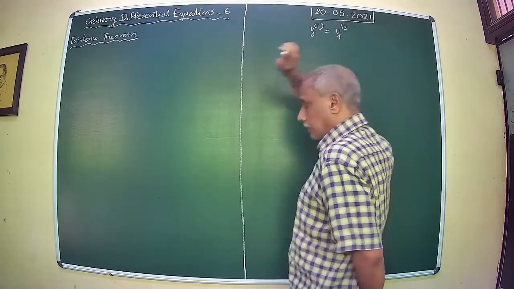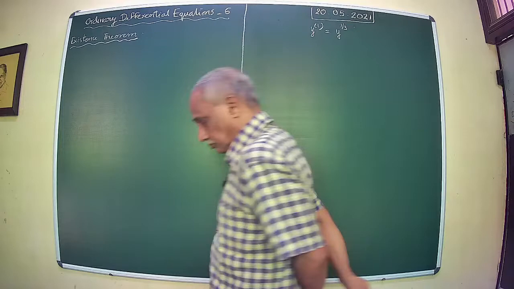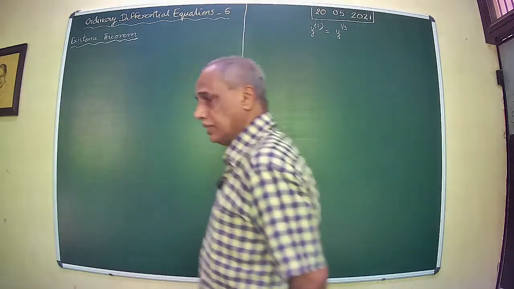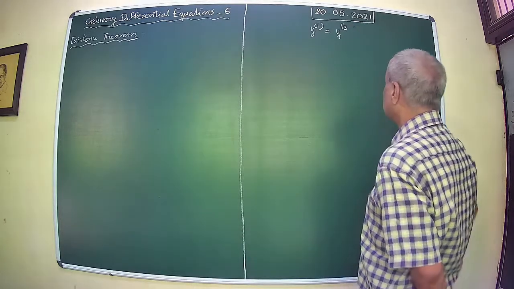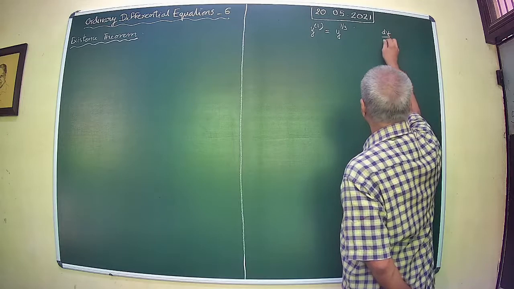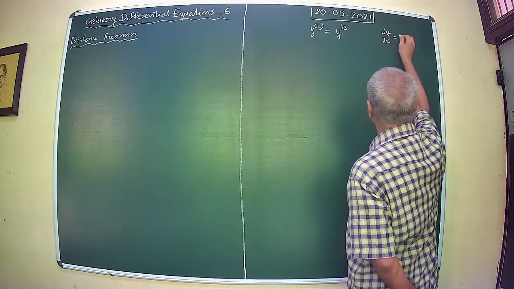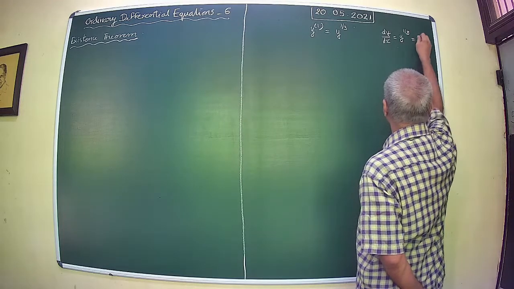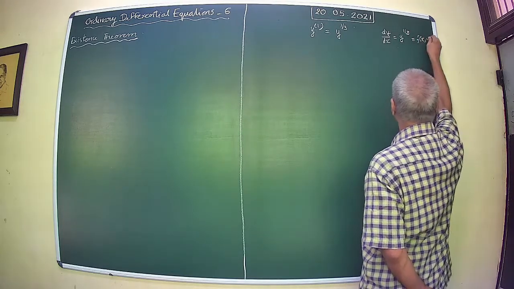It's a non-linear problem. So this gives dy by dx equal to y to the power 1 by 3. So this is your f of x, y.